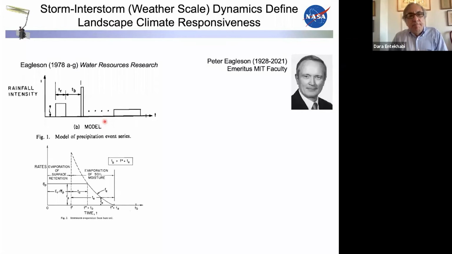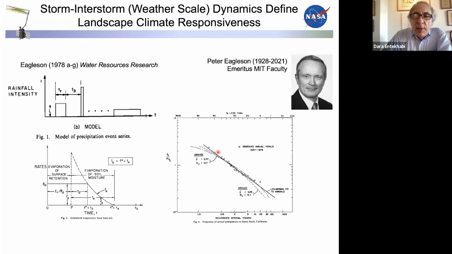And this was inspired by the work of Peter Eagleson, who passed away earlier this year. One thing he showed in a series of 7 papers in Water Resources Research, one single issue, a remarkable contribution to the field of hydrology. He showed that if you look at storm and interstorm periods, the dynamics of soil moisture during these periods, like we've been looking at, not only explain what's going on at the weather scale, but also explain interannual variability in those.